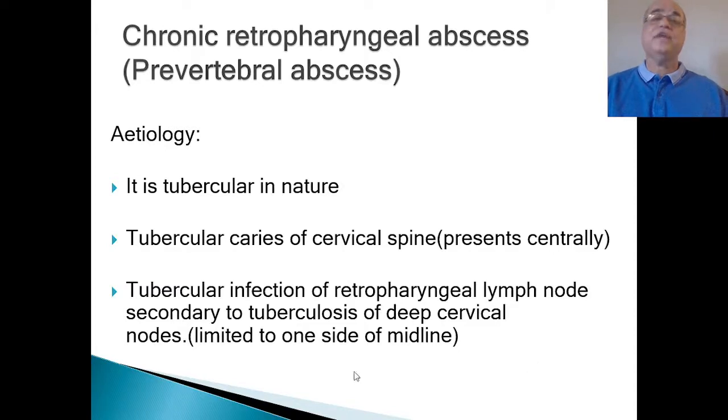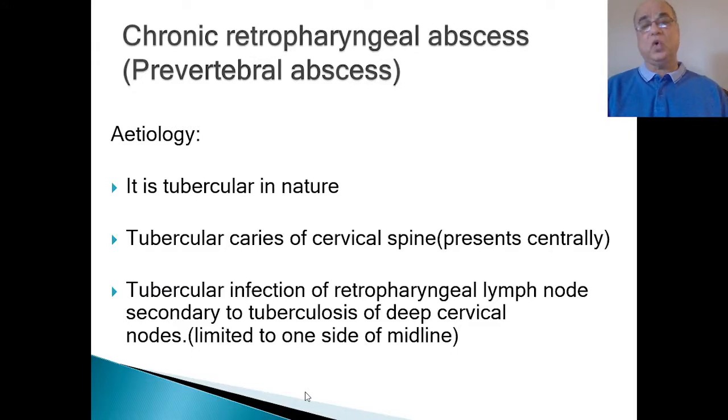So if a chronic retropharyngeal abscess is in children, it is due to tuberculous lymphadenitis, and other cervical lymph nodes will also be involved due to tuberculosis, and the swelling will be limited to one side, because the retropharyngeal space is divided into two parts by a midline fibrous raphe, and lymph nodes are present on either side of the midline, and suppuration of those lymph nodes will lead to swelling on one side of the midline. So on examination this will be a differentiating feature whether the abscess is in the prevertebral space or in the retropharyngeal space.